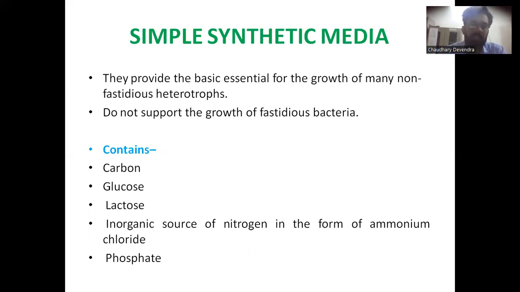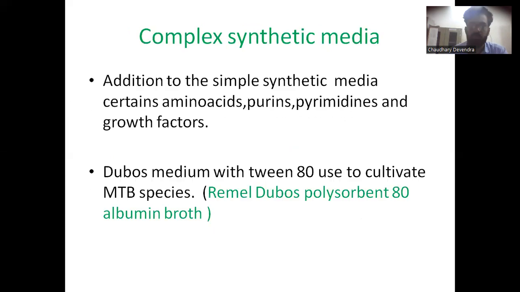Simple synthetic media contain carbon, glucose, lactose, and an inorganic source of nitrogen in the form of ammonium chloride and phosphate. Now there is complex synthetic media. In addition to the simple synthetic media, it has certain amino acids, purines, pyrimidines, and growth factors. So simple synthetic media convert into complex synthetic media.